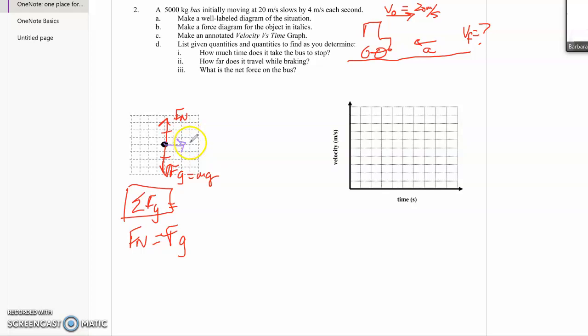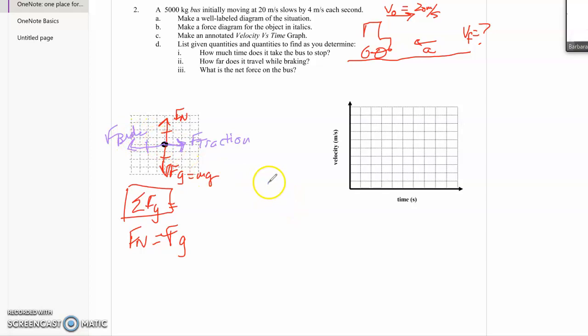And what do we know? So there is some force traction, and it does not tell us. I would say there's a force traction, and then I would say there's a braking force back this way.